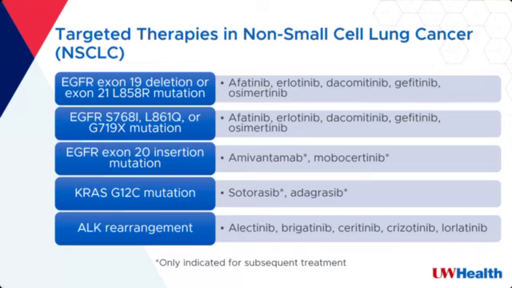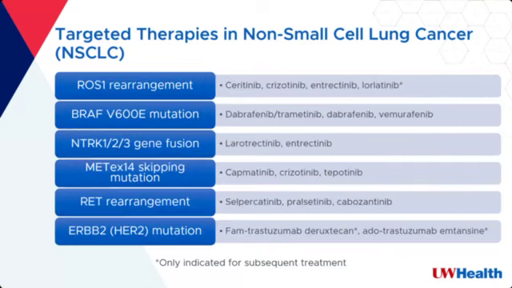We have our EGFR exon 19 deletions, as well as exon 21 mutations. We also have EGFR exon 20 insertion mutations. So a variety of EGFR mutations. We also have a KRAS G12C mutation, ALK rearrangements, ROS1 rearrangements, things that you see in other disease states like BRAF V600E mutations, NTRK gene fusions, MET exon 14 skipping mutations, which is pretty unique to non-small cell lung cancer.